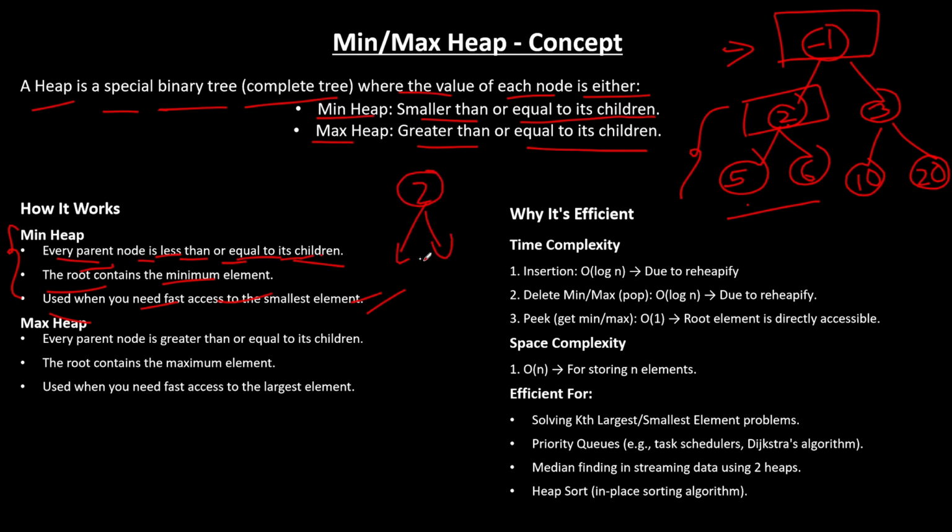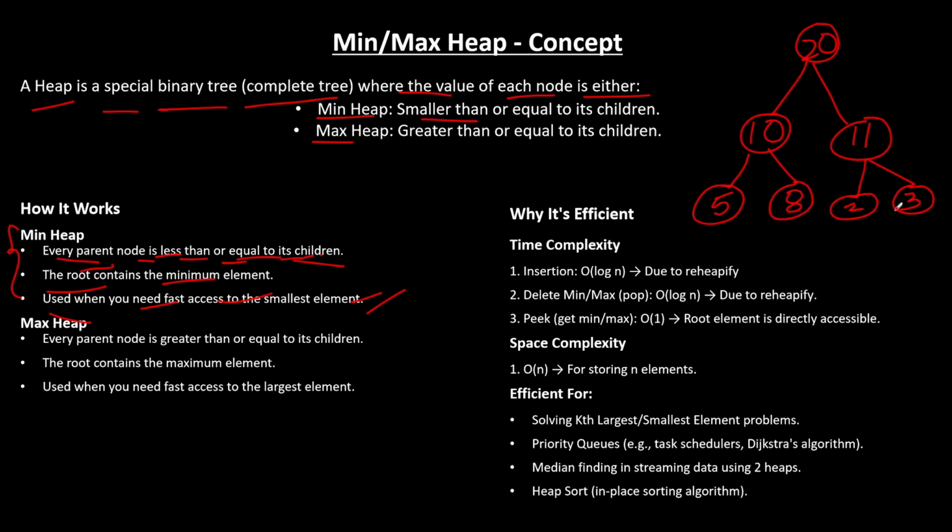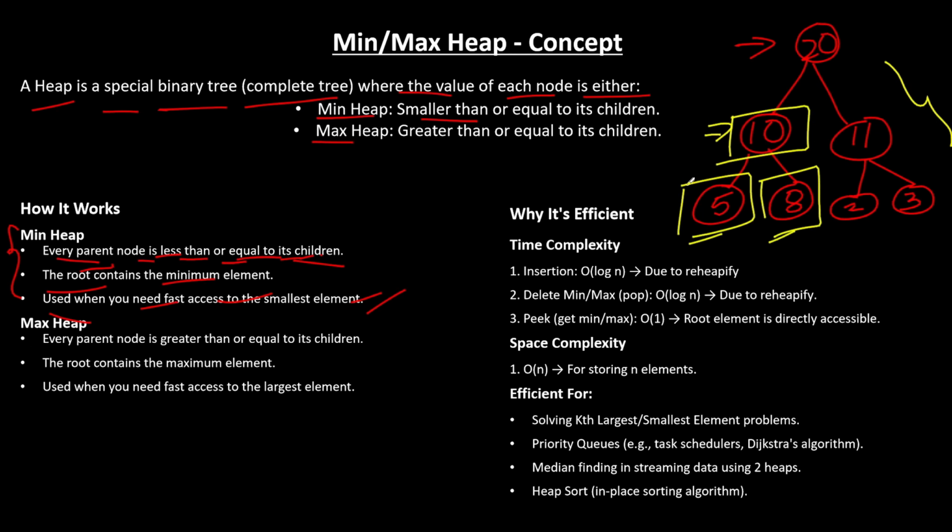And for the max heap, it will be the opposite. Every parent element will be greater than its children elements. So here you can see this is the parent element, right? All the children are below it, and it is greater than all the children present under it. If we take 10 as the parent element, 5 and 8 are smaller than 10.